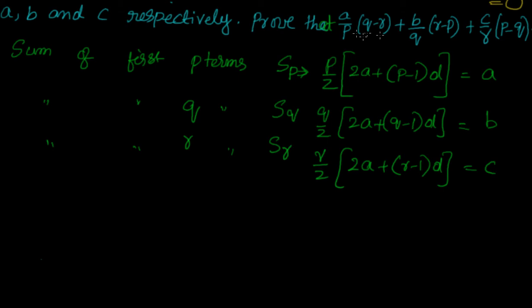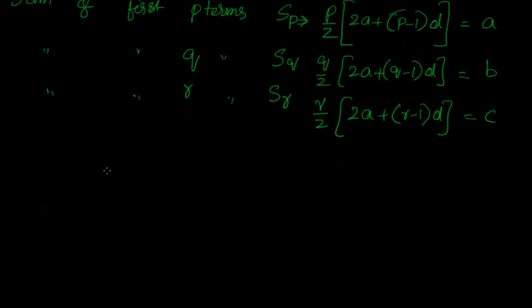Now what we have to prove, if you look at it, is a by p into q minus r plus b by q into r minus p plus c by r into p minus q. From the first equation, p by 2 into this whole thing equal to a. If I take p that side, I will have 1 by 2 into 2a plus p minus 1 into d equal to a by p, so that I can find out the value of a by p, then I can multiply them as needed.